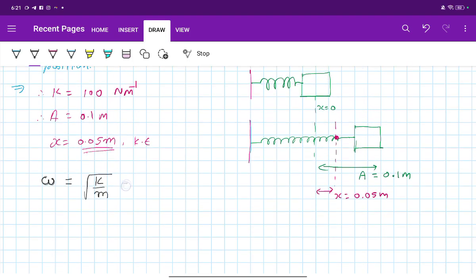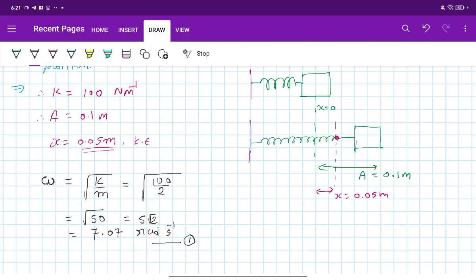So it will become under root 100 divided by 2. That is how much? Under root 50 or 5 root 2, that is approximately 7.07 radian per second. We found out the angular frequency.